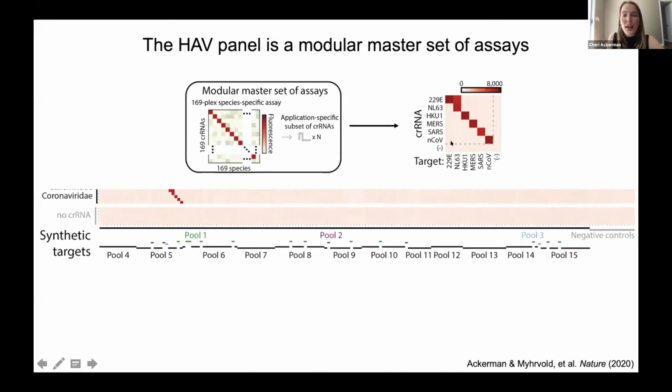We added a test for the novel coronavirus, and then we were able to make this coronavirus-specific panel. Since then, we've been working to adapt this technology to the pandemic, and Cameron will tell you more about influenza and a respiratory-specific panel in just a minute.